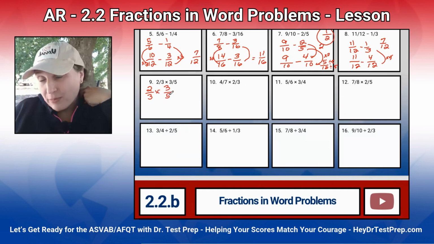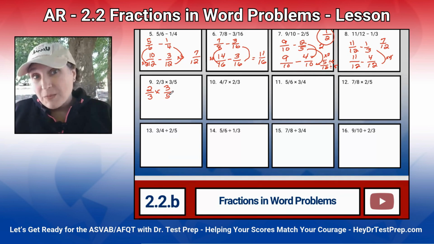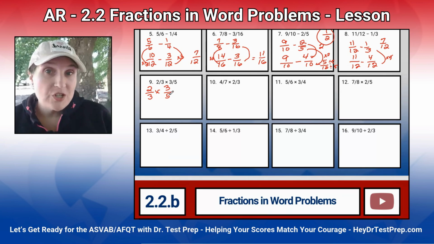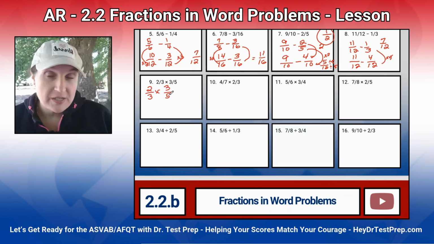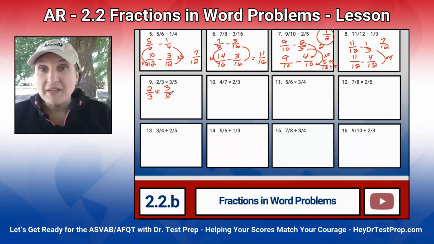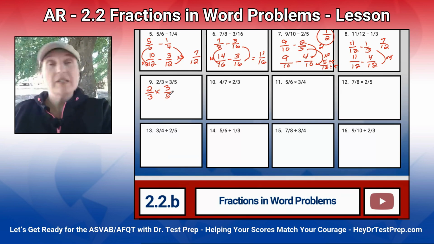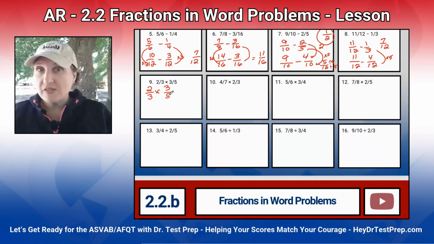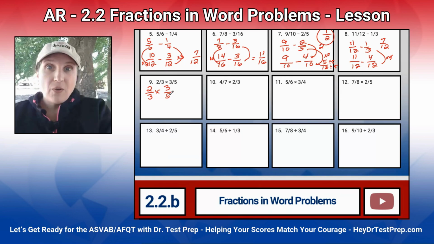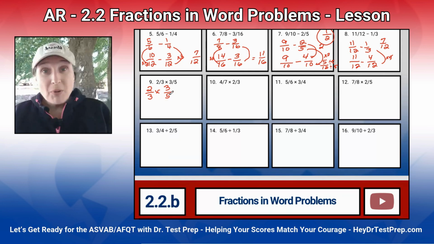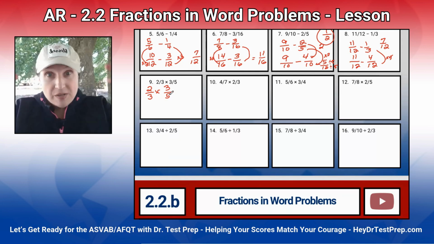Now, this is very important. When it comes to multiplying fractions, the most important thing to do is to reduce the fraction first. When we are multiplying, we can reduce the fractions up and down or diagonal, never straight across. Now, in proportions, we can only reduce up and down.